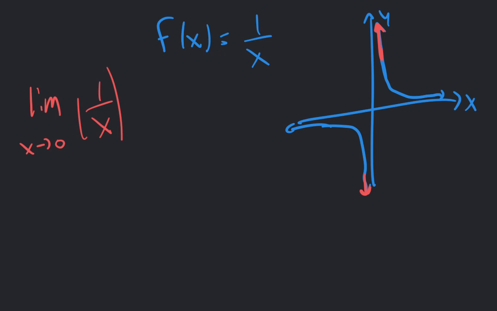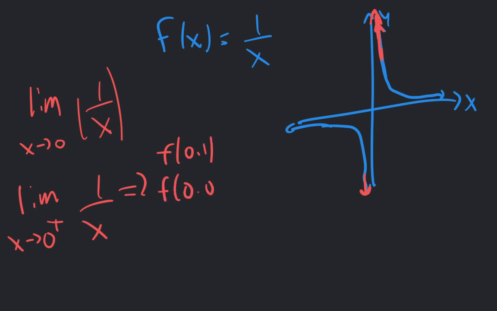But we can look at the behavior from the left and the right. So if we plug in values from the right hand side, we're getting values that go in this positive y direction, and we can see that in the graph. So if we plug in, say, 0.1, 0.01, 0.001, and these are just going to be powers of 10.